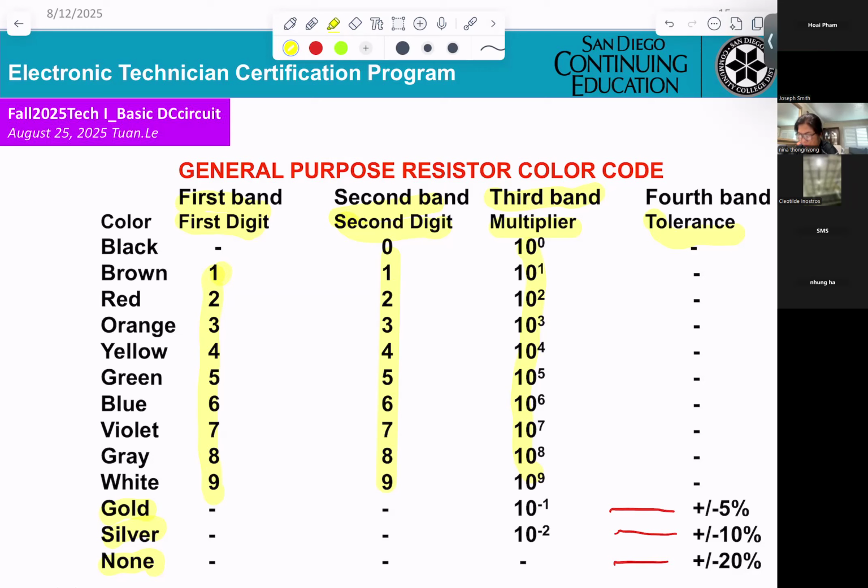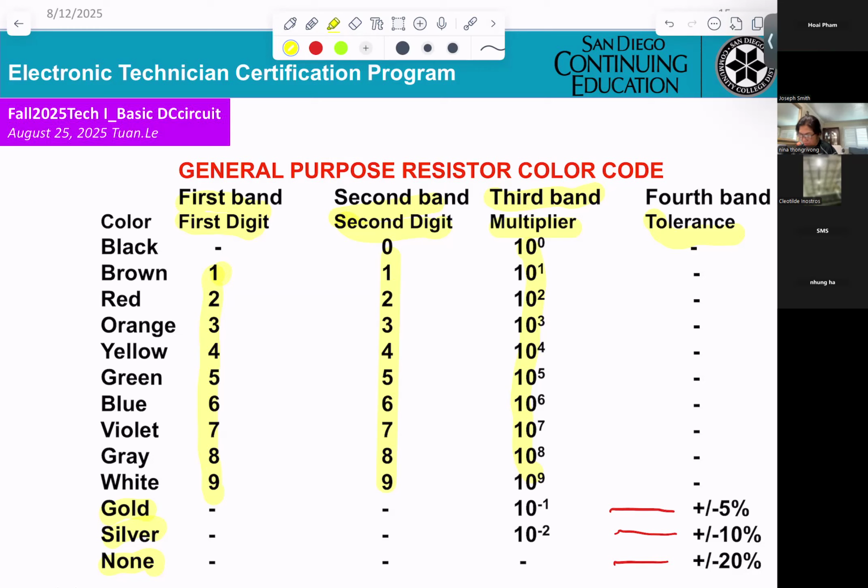However, there are too many things to memorize, I cannot remember. However, with the DMM, when we measure to know the value, and also in case the resistor is broken inside, the DMM can tell you something is wrong, but the color cannot. Okay?